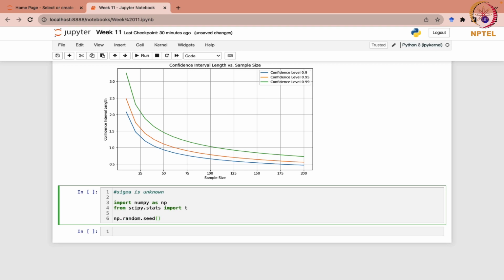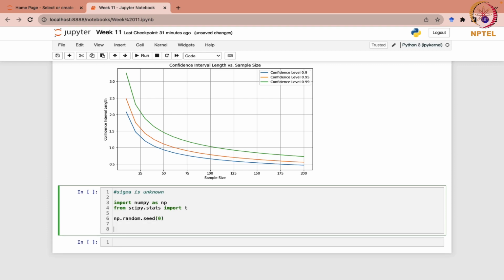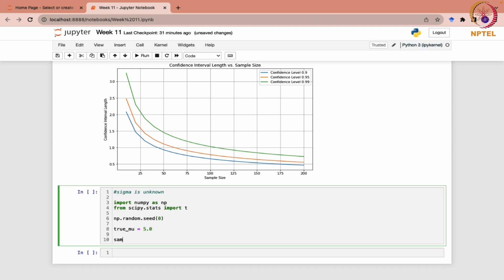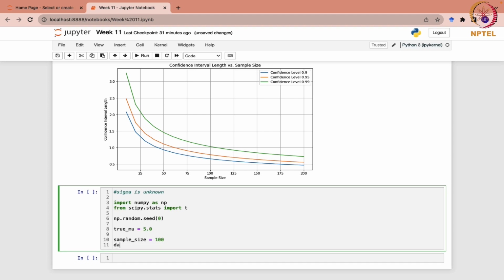np.random.seed, let us take that as 0. True mu, that is the true population parameter, true mu is equal to 5.0, and we are going to generate a random sample of size 100, and the data sample variable would contain np.random.normal, true mu.